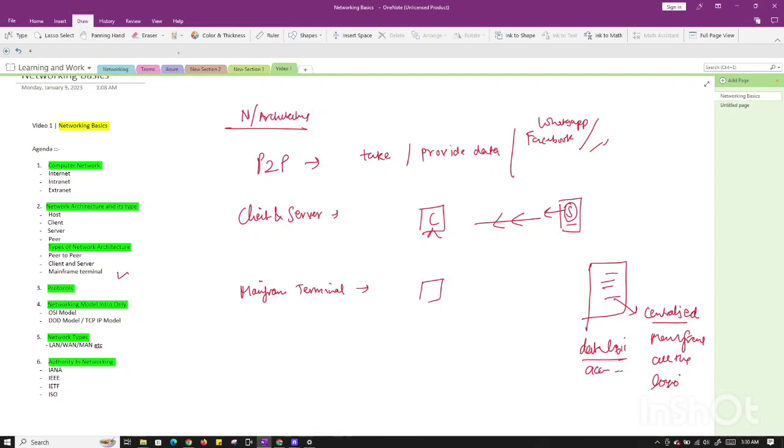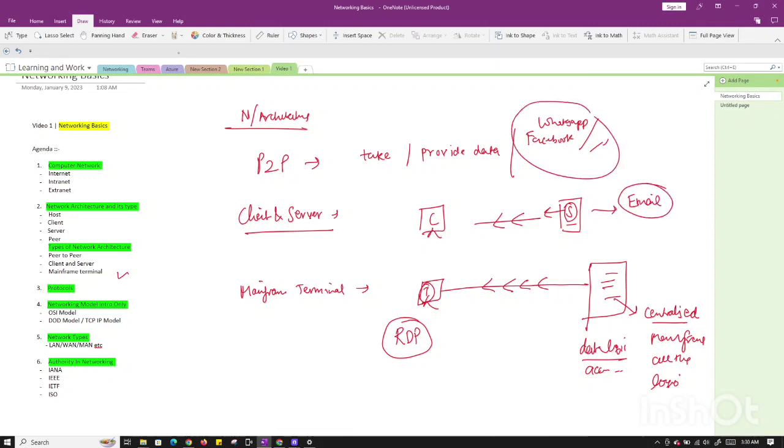But we manage it from a terminal. We request access to the whole server or some part of the server from a terminal. So this is called mainframe terminal network architecture. The example is RDP, Remote Desktop Protocol. Then in client server, we have email as an example. So network architecture is all about this.